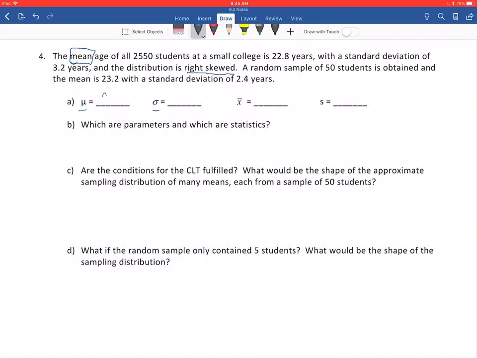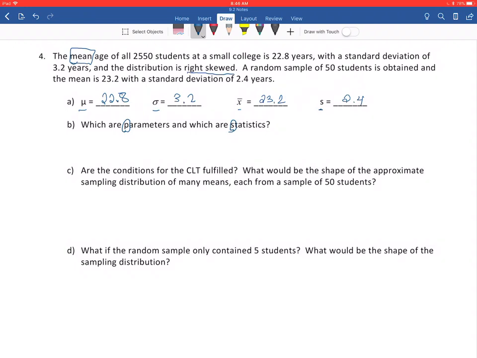This college is small enough that they're actually able to get this information about ages from every single one of them. The mean is 22.8 and the standard deviation is 3.2. And then these come from our sample, the standard English letters. So that would be the mean of 23.2, standard deviation of 2.4.